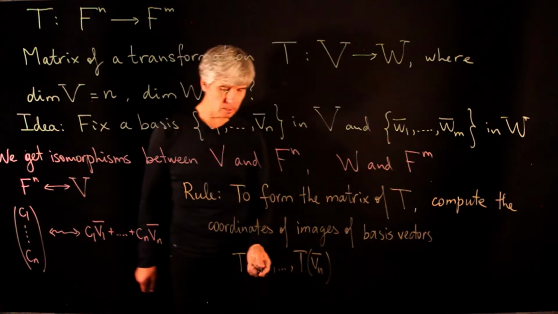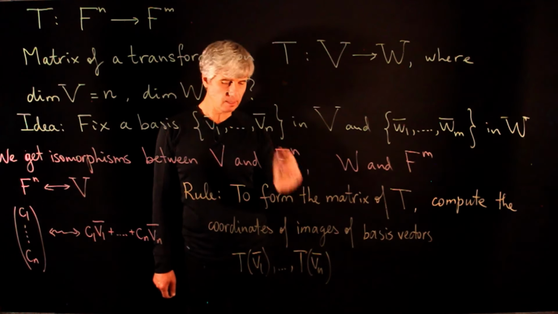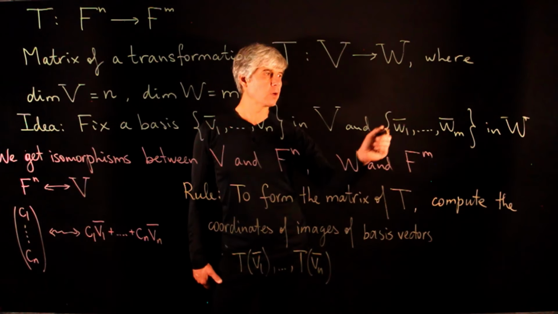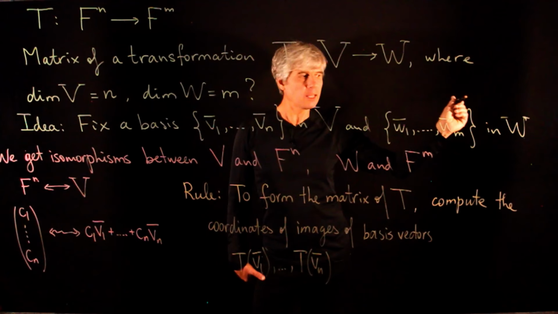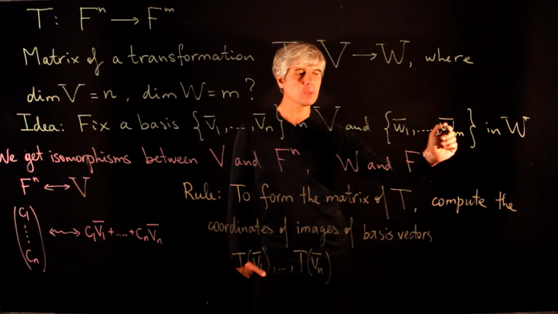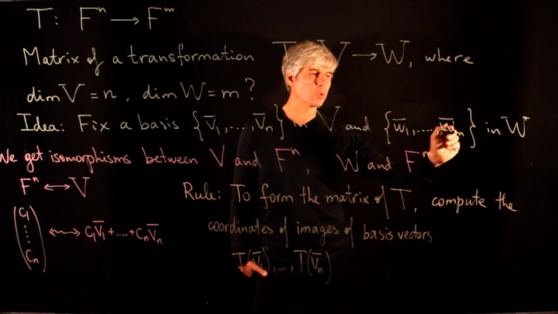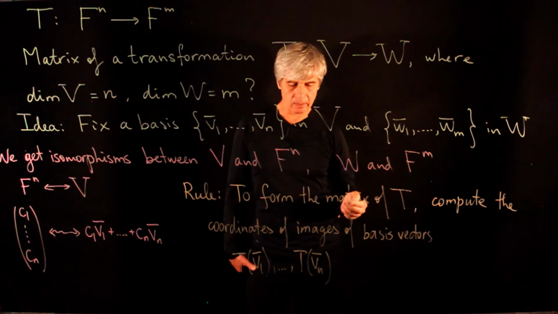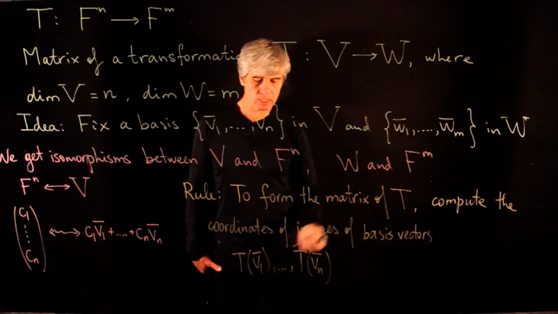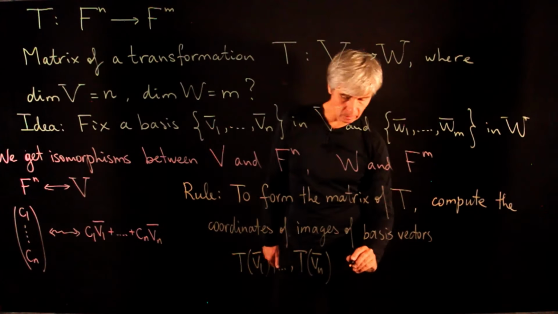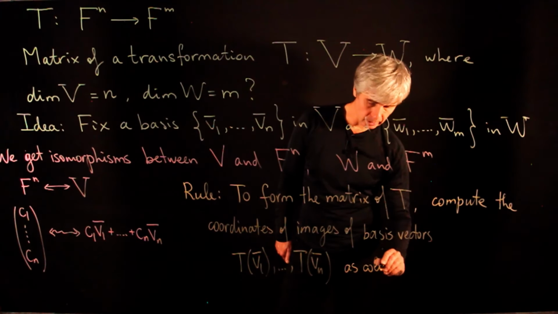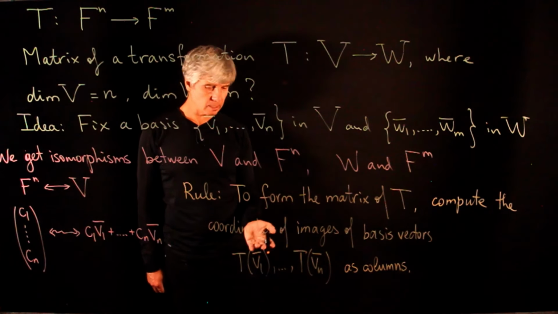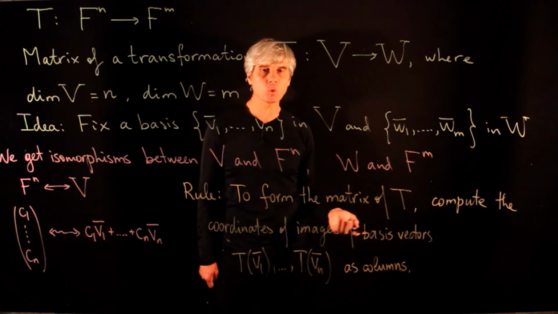So we take basis vectors in V and compute the images. Each image is a vector from the space W. Then we expand that vector as a linear combination of basis vectors W1 through Wm. This gives us an array of coefficients. We take this m-tuple of coefficients and place it as a column of a matrix, as columns, as before. So this rule is slightly more complicated, but it's the same rule as before.